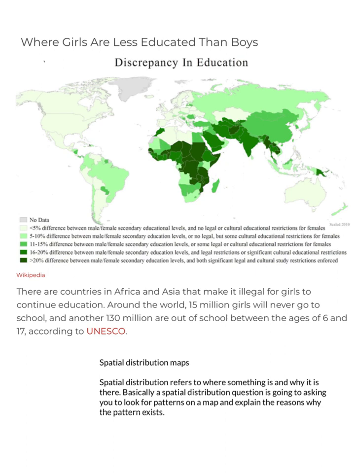So you can have a look at the patterns and explain the patterns that you are seeing. Remember, explain means cause and effect. So what is causing these richer areas to have more educated women, or an equal distribution of men and women being educated, and what is the impact of that?